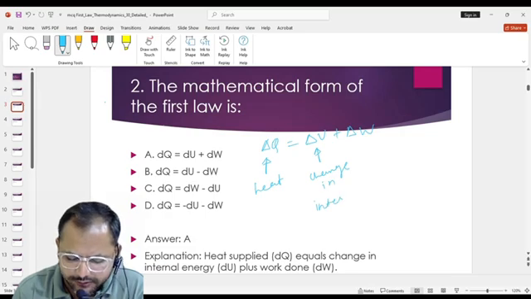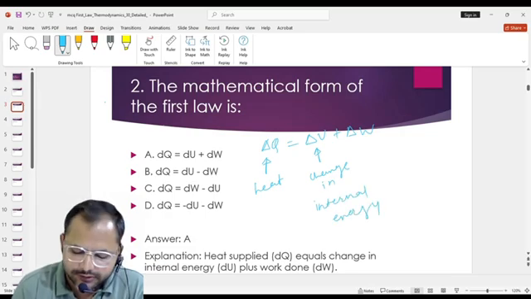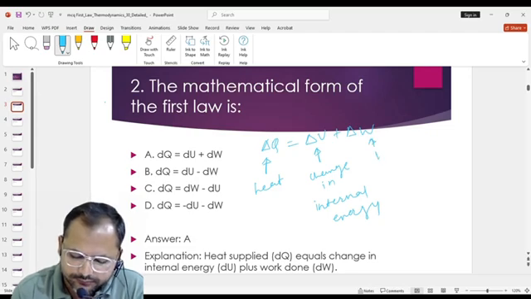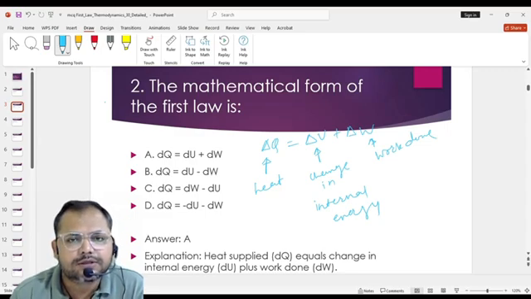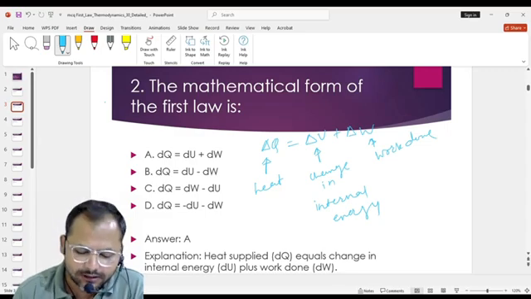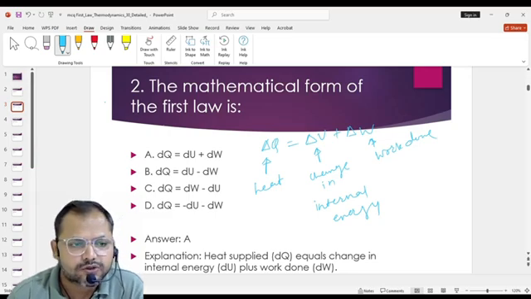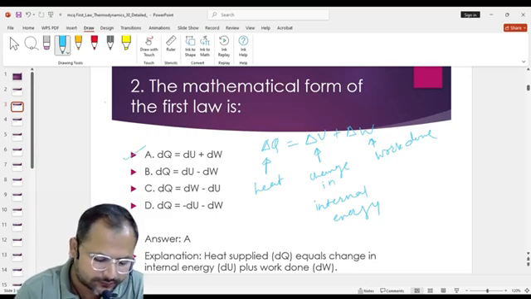And delta W is the work done. So if change is small, then delta can be replaced by d. So dQ equal to dU plus dW, option A is the correct answer.